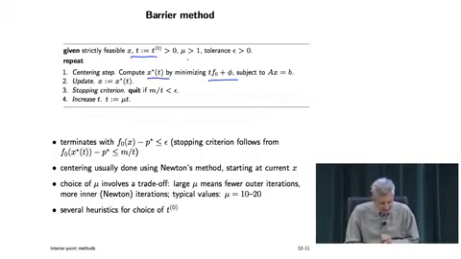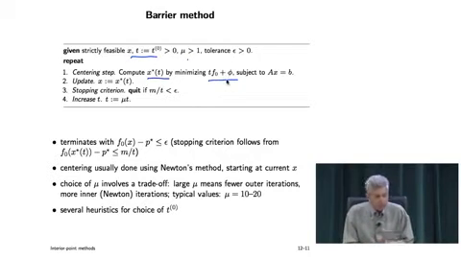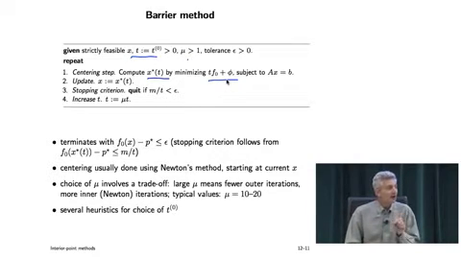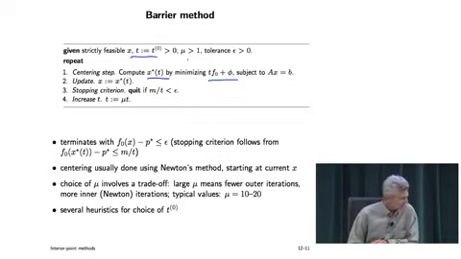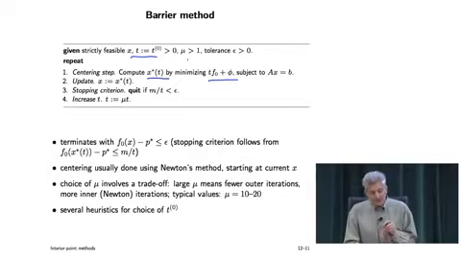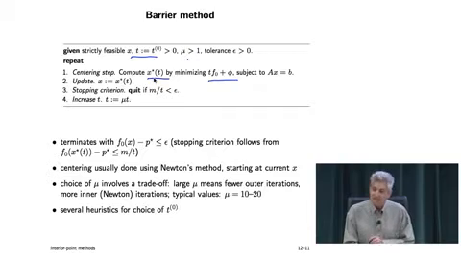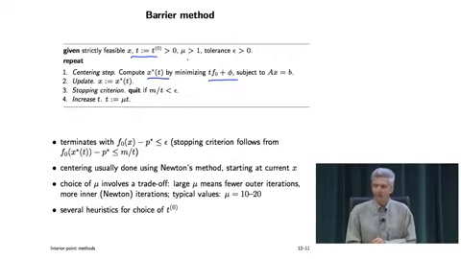Now, the key here is that you use Newton's method to minimize this, starting from the last point. That's the key. And there's a name for this, and there are beautiful pictures for this. Another name for a method like this is path following method for optimization.